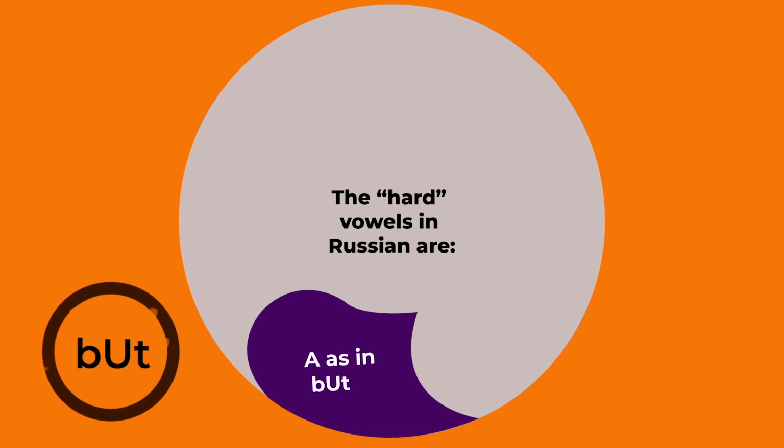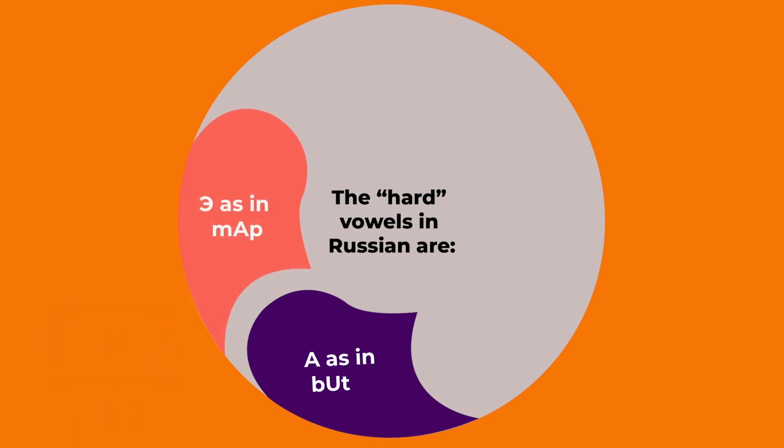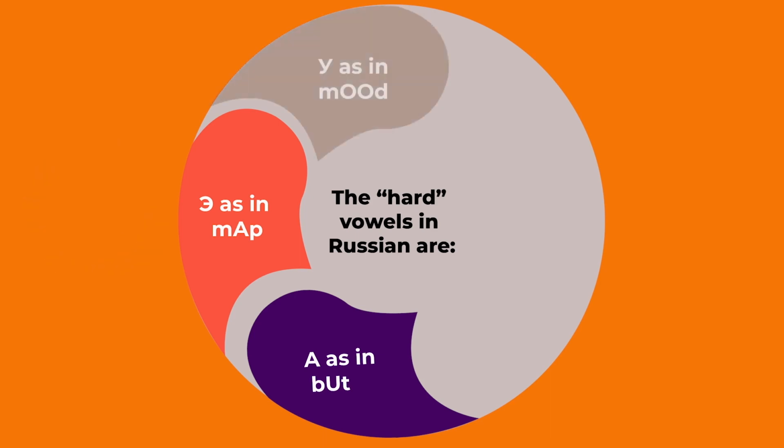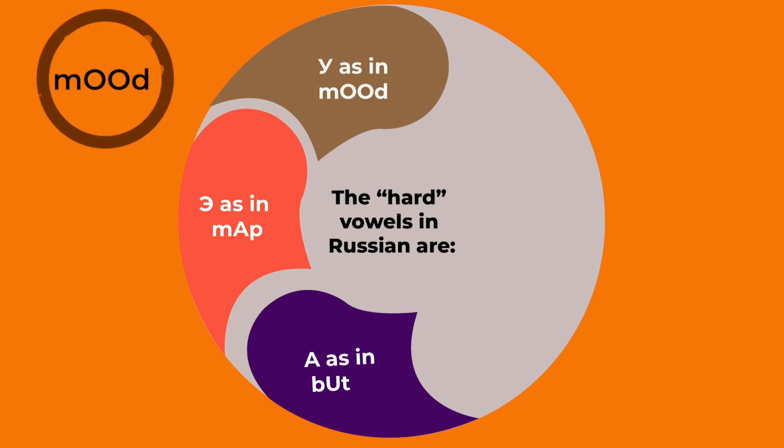Likewise, we have the letter A, and the English word we have is "map". The sound of A in map resembles the sound of the Russian A. Similarly, we have the letter U, and here we have used the English word "mood".